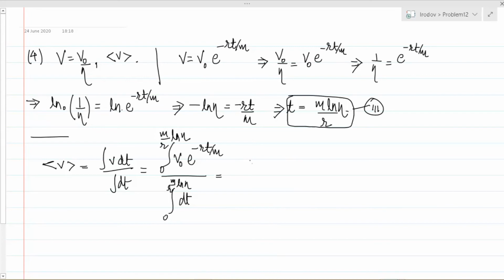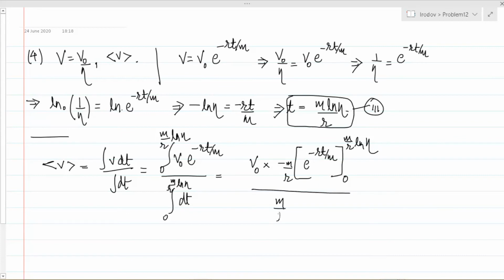So this turns out to be v naught into minus m by r e to the power of minus rt divided by m from 0 to m by r ln eta.